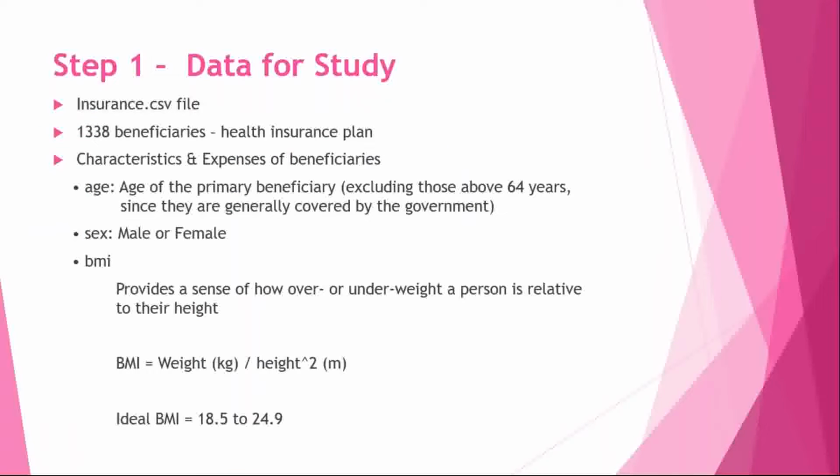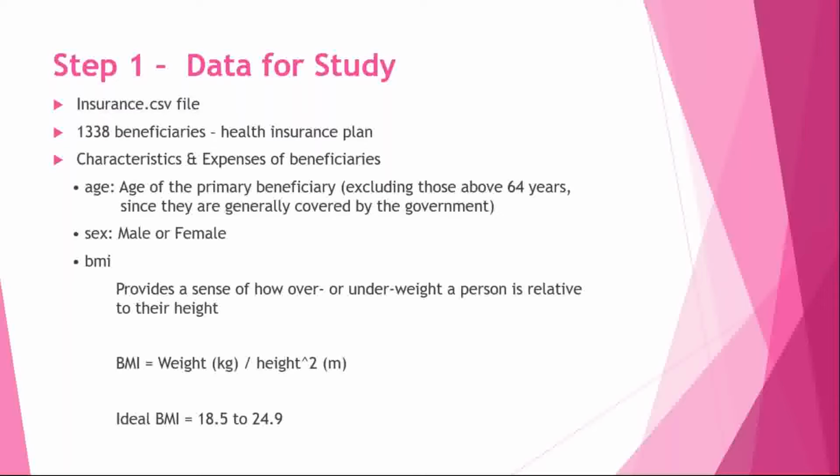So first, we have taken the data for study, which is the insurance.csv file. So CSV means comma separated values. So there is a concept called delimiter. So for R or any programming language, it needs to differentiate between one value and the other value.